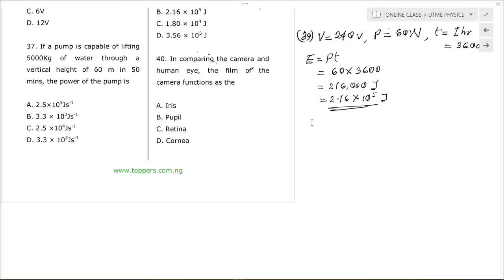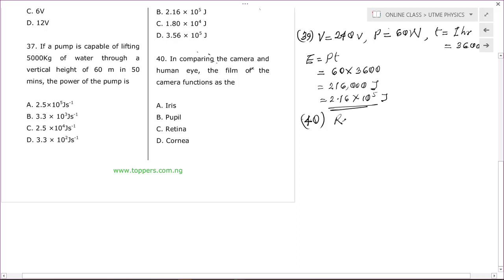Number 40, the last question of the day. Number 40 says that in comparing the camera and the human eye, the film of the camera functions as the retina.